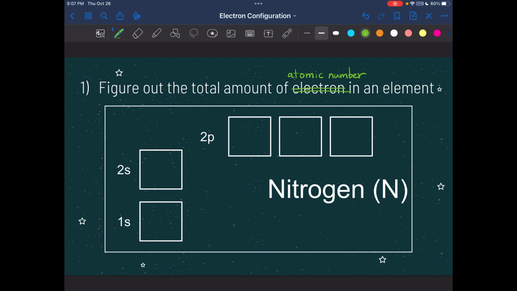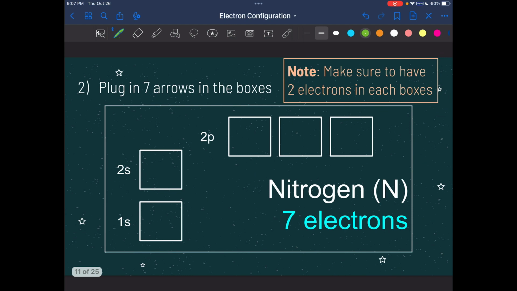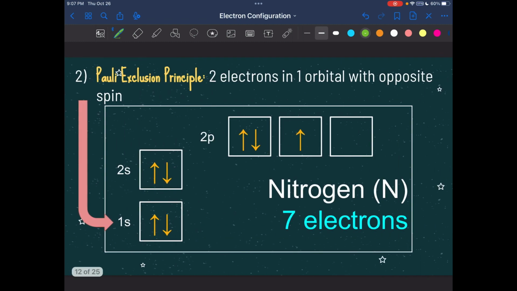Well, the atomic number for nitrogen is 7. Okay, pretty simple. Now, how about we plug in 7 arrows in the boxes? Now, remember, one of the rules says we need to make sure to plug in 2 electrons. Not 3, not 4, 2 electrons. So we're going to make sure to draw 2 arrow signs.